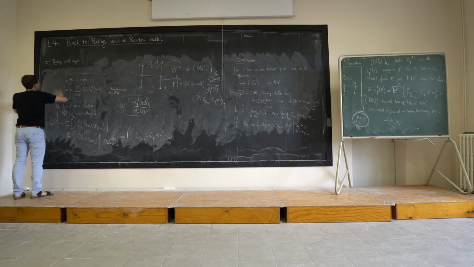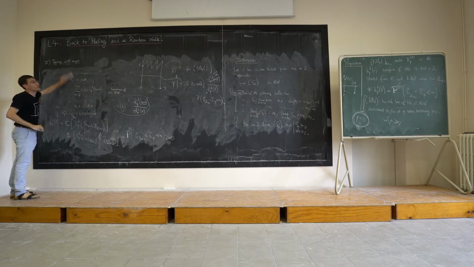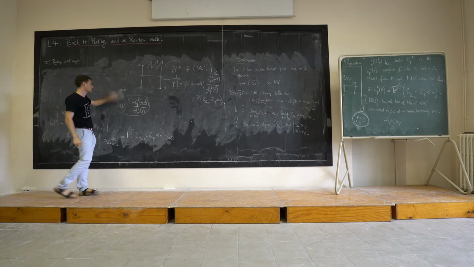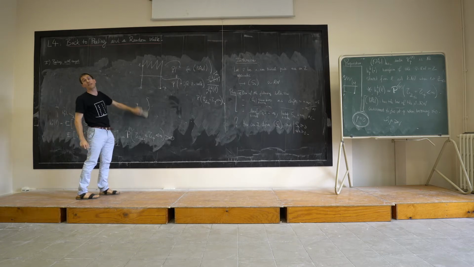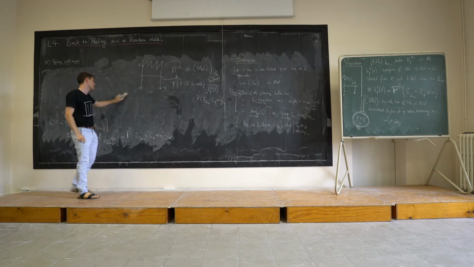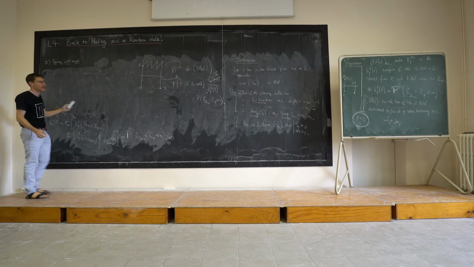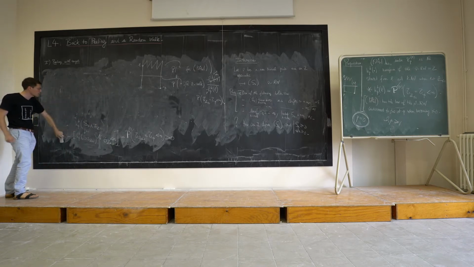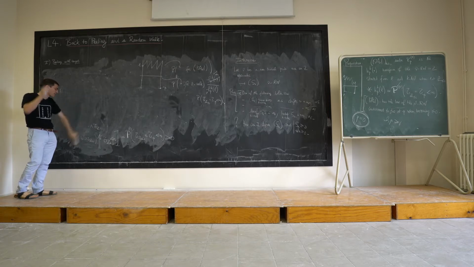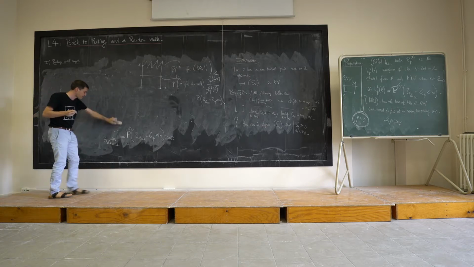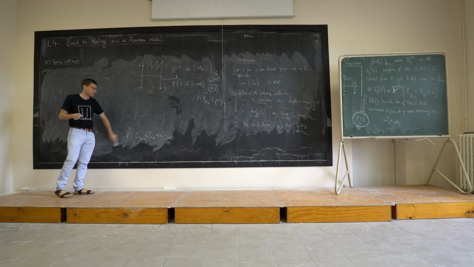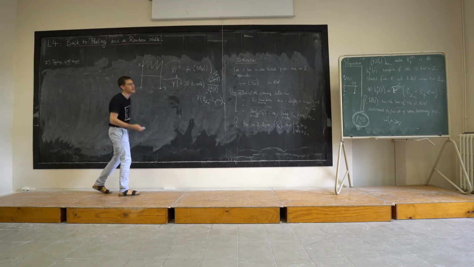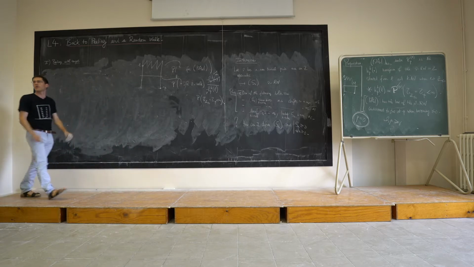So there is a simple answer. Well, if the random walk drifts towards plus infinity, then there is a positive probability that you actually stay non-negative forever. Is that clear? If you start from 0 and you know that almost surely you go to plus infinity, then there is a positive probability that you stay above 0 for all time.